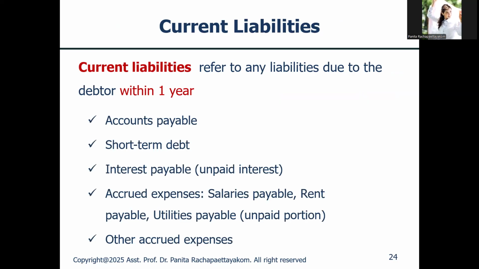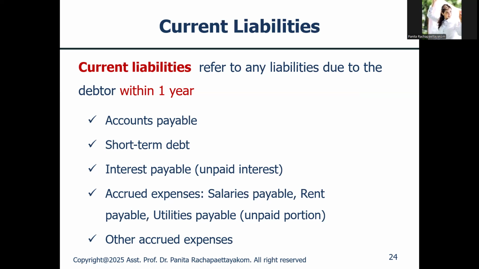For example, on slide number 24, I provide examples of current liabilities: accounts payable, short-term debt, interest payable, and accrued expenses. What does interest payable mean? It means the interest that you have not yet paid to the creditor, the bank, or the debtor.